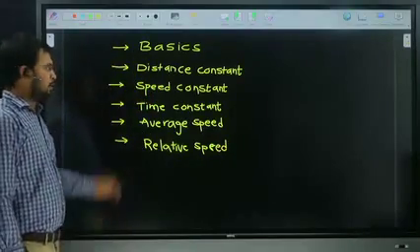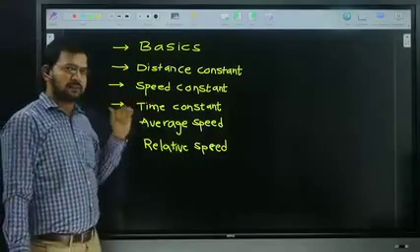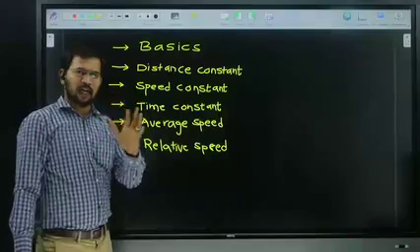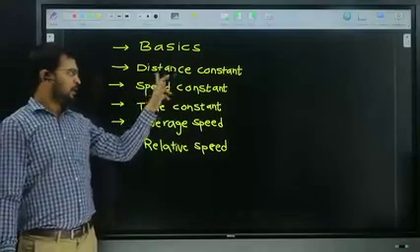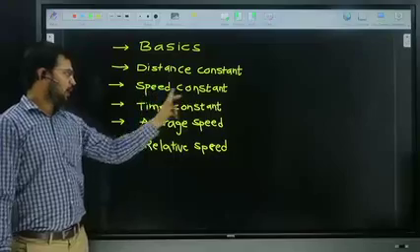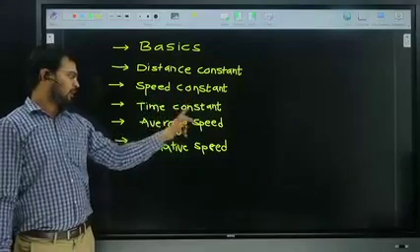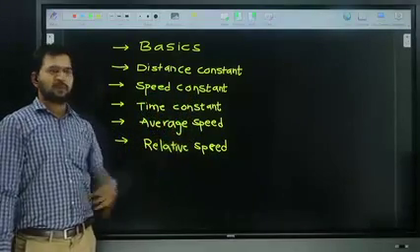These are the major concepts that come under the time and distance module.